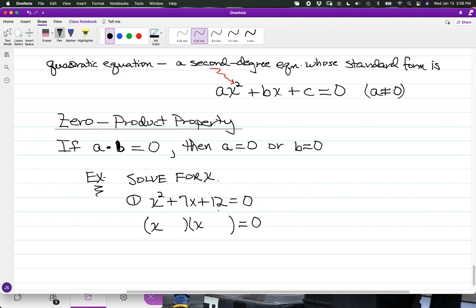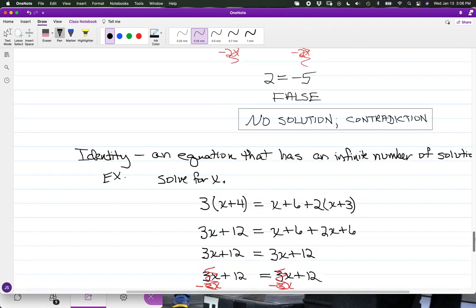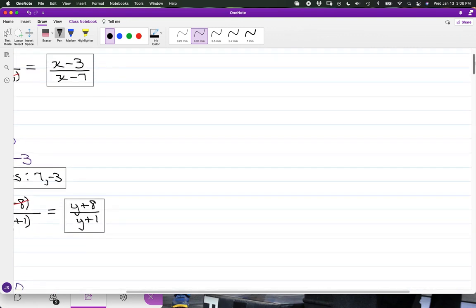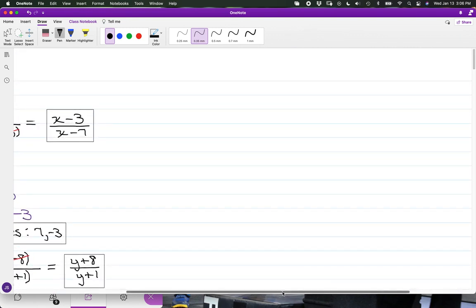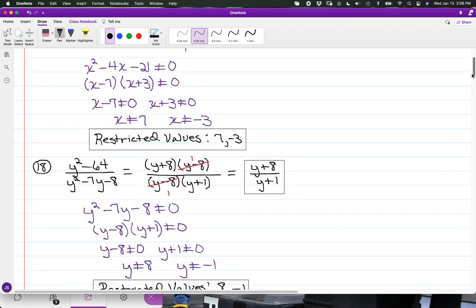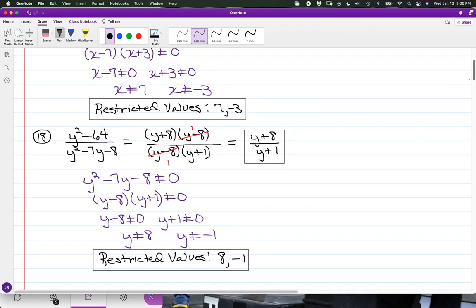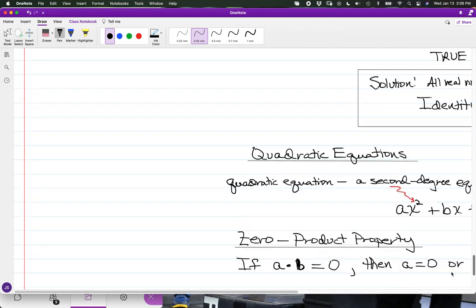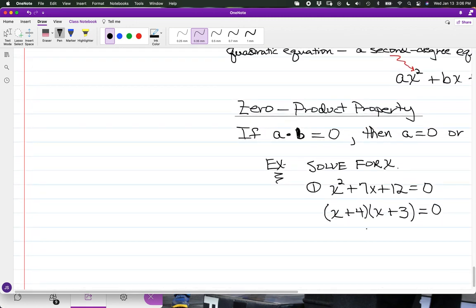Now for factors of 12 that will add up to 7, you have plus 4 and plus 3. And you might be wondering, where did I see this before? This is back when we were looking into the restricted values. In a way this was the zero product property, but we were looking at what was disallowed in x from being equal to 0, and also what was disallowed in y from being equal to 0 from those first two problems. But now we're looking at solving upon setting equal to 0.